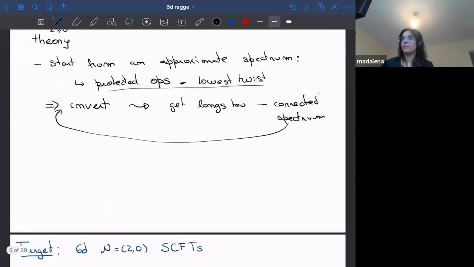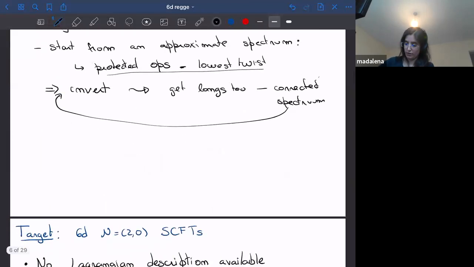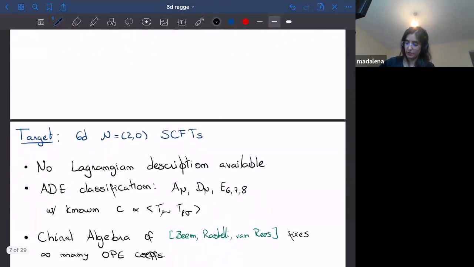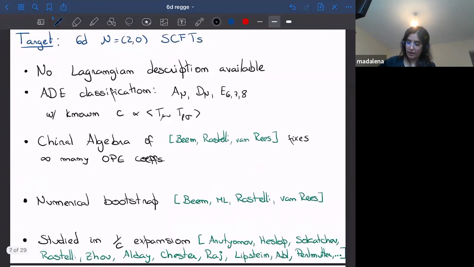So this was sort of the highlights of what we will be doing. And now I will introduce a little bit the target. So we are studying the maximally supersymmetric series in 6 dimensions, and 6 dimensions is also the maximum dimension where you can have a superconformal algebra.